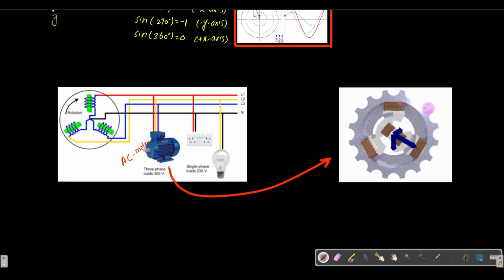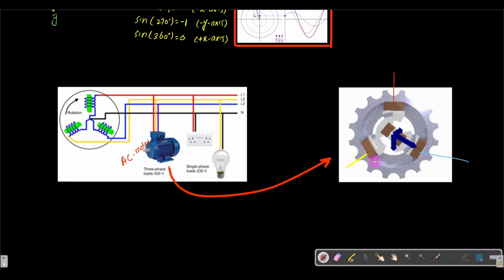Here one is connected with this coil. The first one, let's say the red one, is connected with this coil. This yellow one is connected with this coil, and that blue one is connected with this coil.